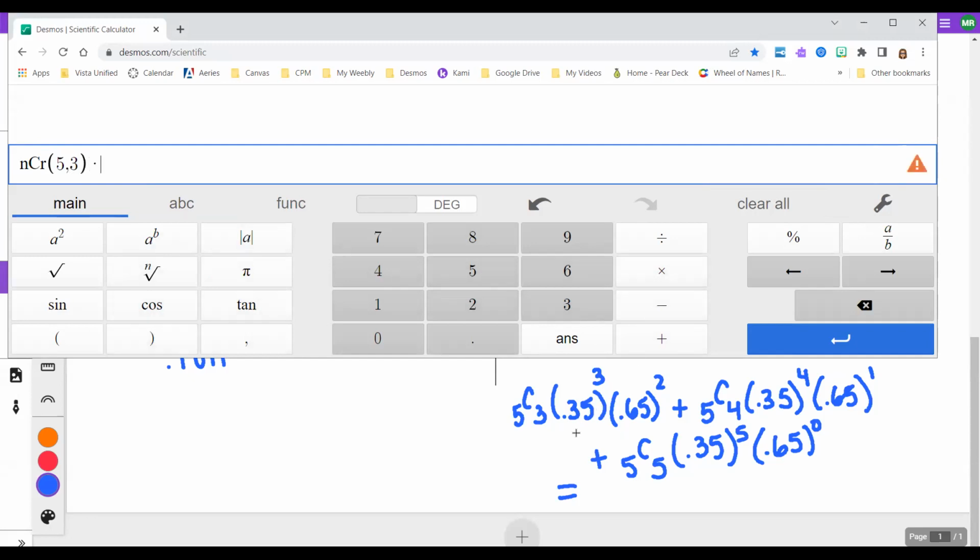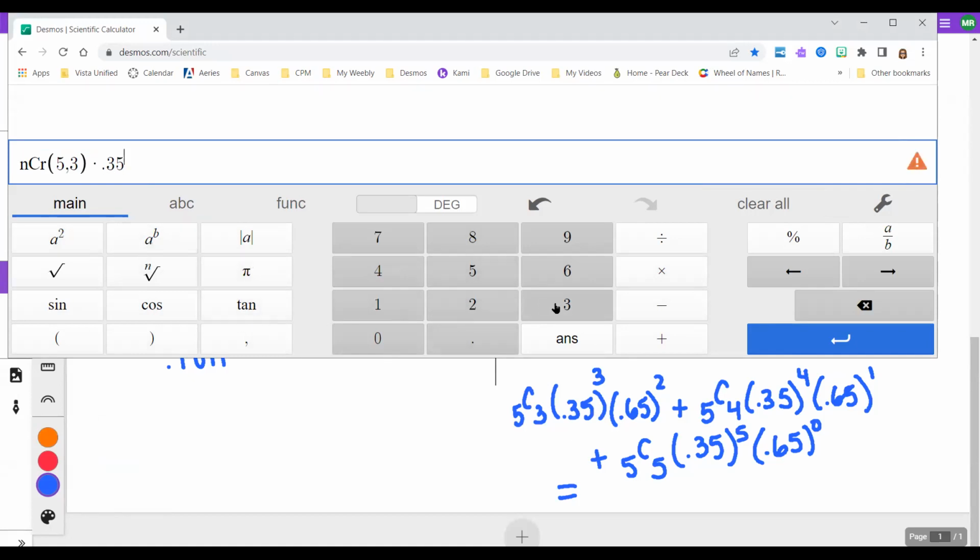I'm doing this part right here. So that's going to be 0.35 raised to the power 3 times 0.65 raised to the power 2, plus now I'm going to do the next part, 5 choose 4.